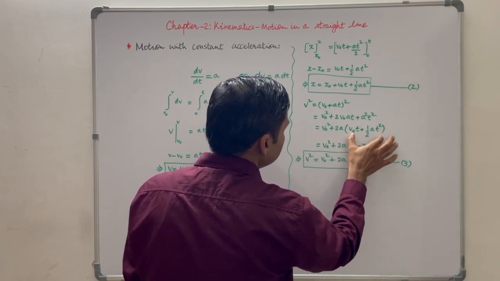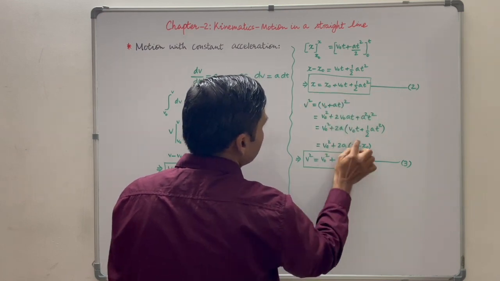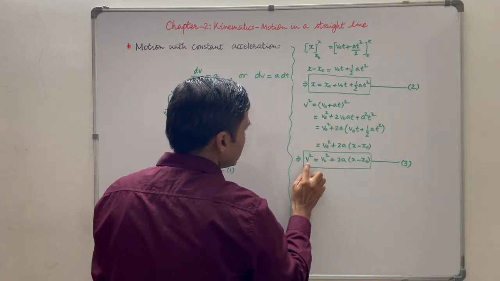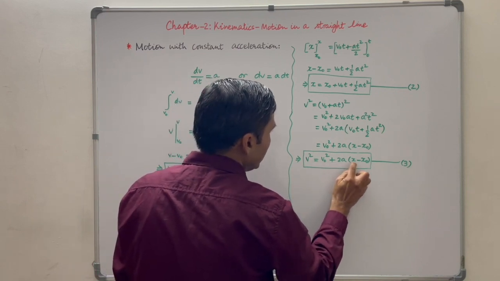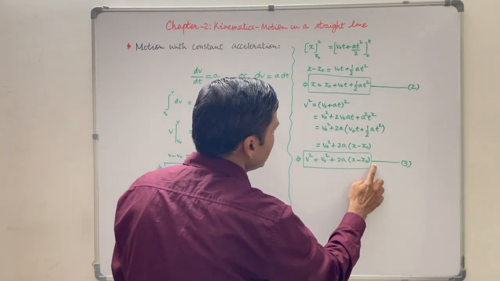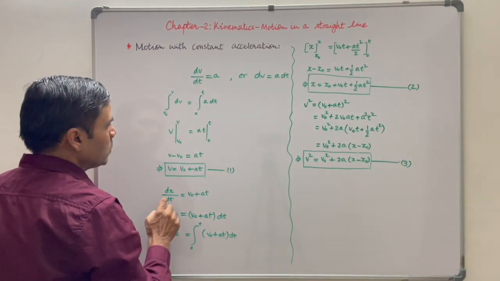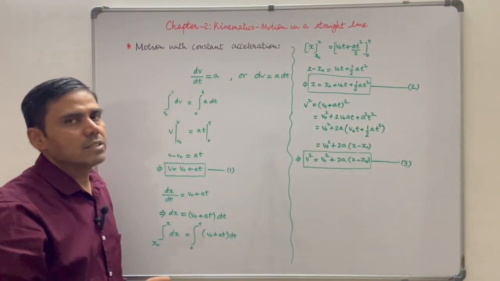Now replace v0t plus half at square as x minus x0. So we get this equation, v square equal to v0 square plus 2a into x minus x0. This is third equation of motion in a straight line. You need to keep in mind these three equations of motion in a straight line.